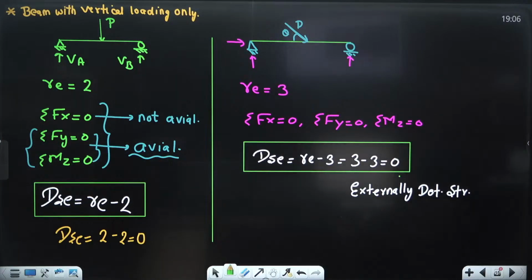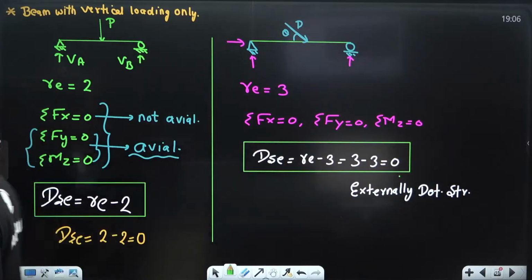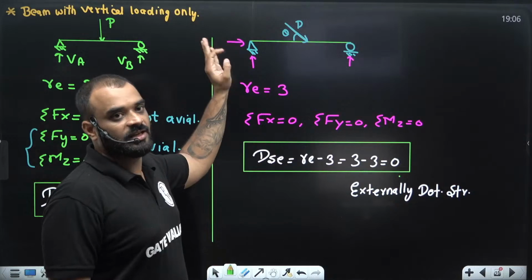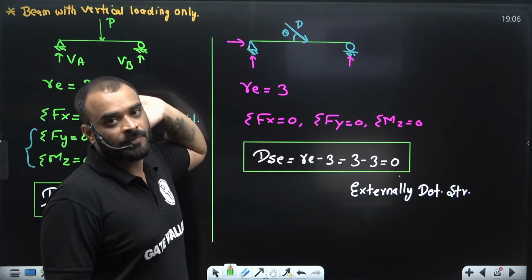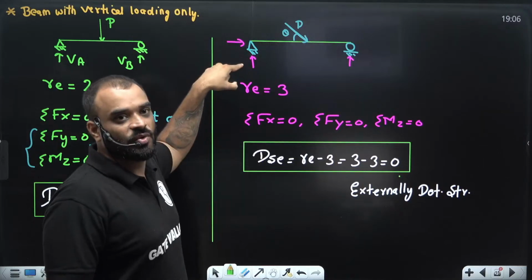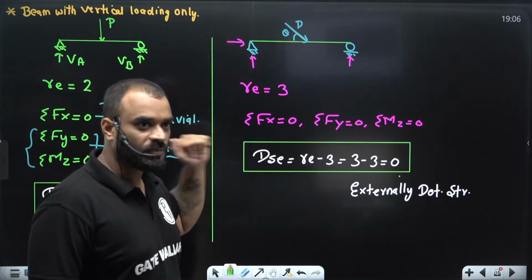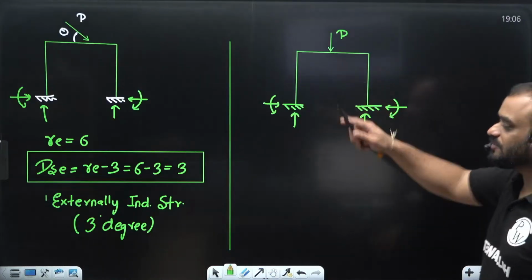Otherwise it will get complex. Are you able to understand this particular point? This horizontal reaction is only trying to resist the horizontal force, but this vertical reaction will try to resist the vertical force as well as the moment part.